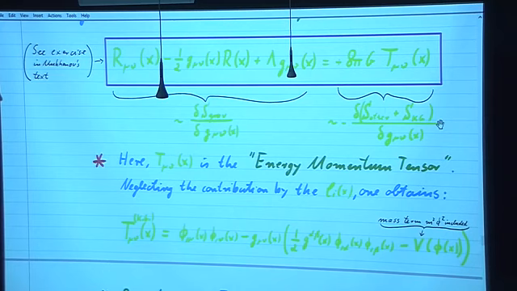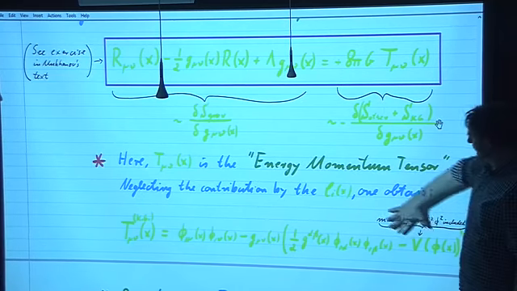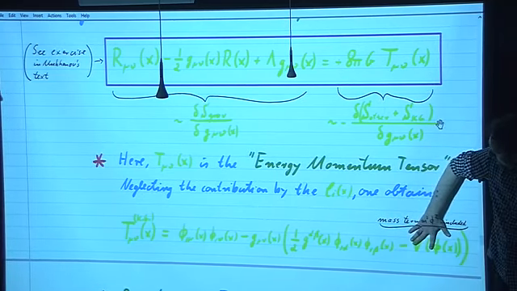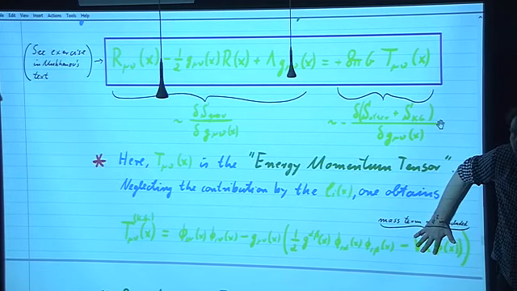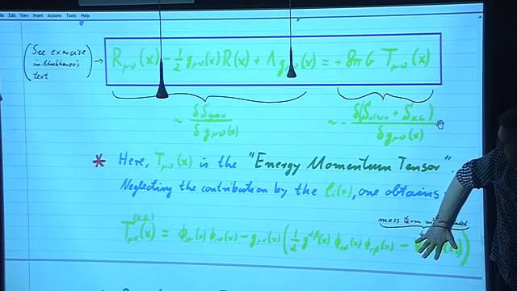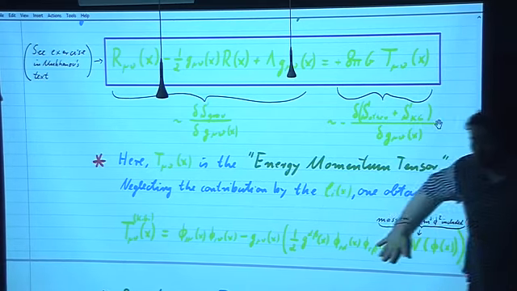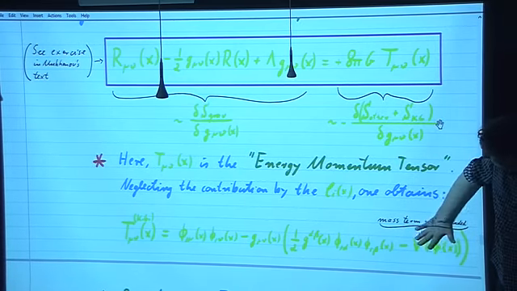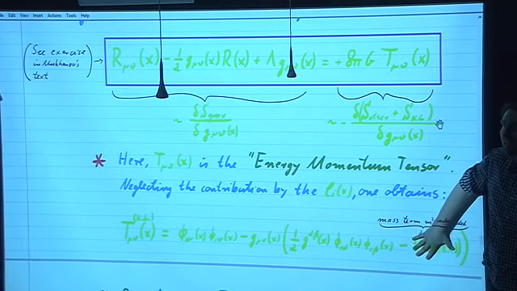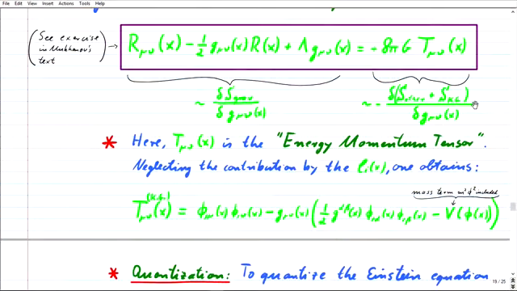Which means that when the inflaton potential, the scalar field's potential, is very large compared to the other terms in here, then the energy momentum tensor of a scalar field does the same thing as the contribution of a cosmological constant. And we do know that a positive cosmological constant will make the universe explode exponentially. And that is what a Klein-Gordon field can do too.